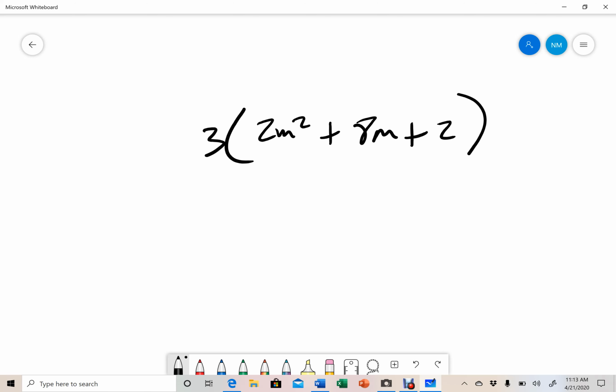Let's say it looks something like this, I don't know, 2m squared plus 8m plus 2. This is after we factored out 3 out of each of these terms. So we get basically our number that has factored out, and then we also get a trinomial.